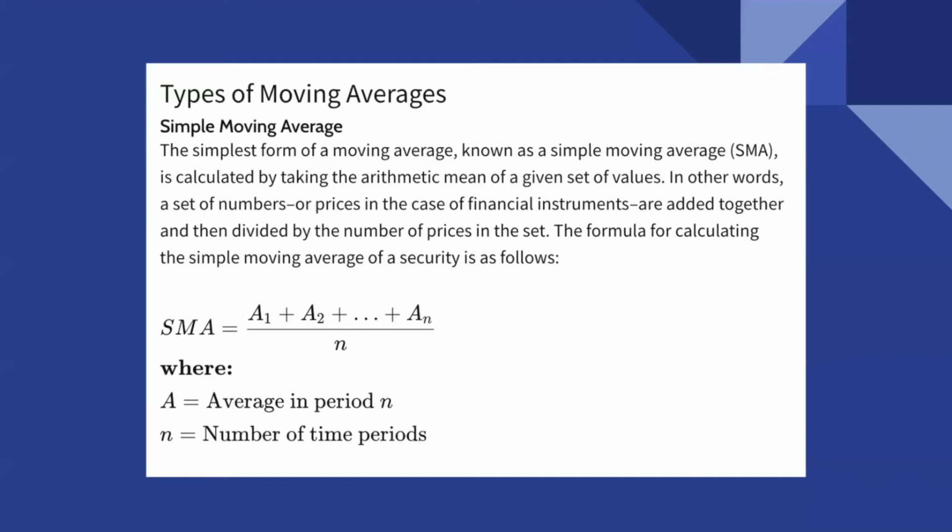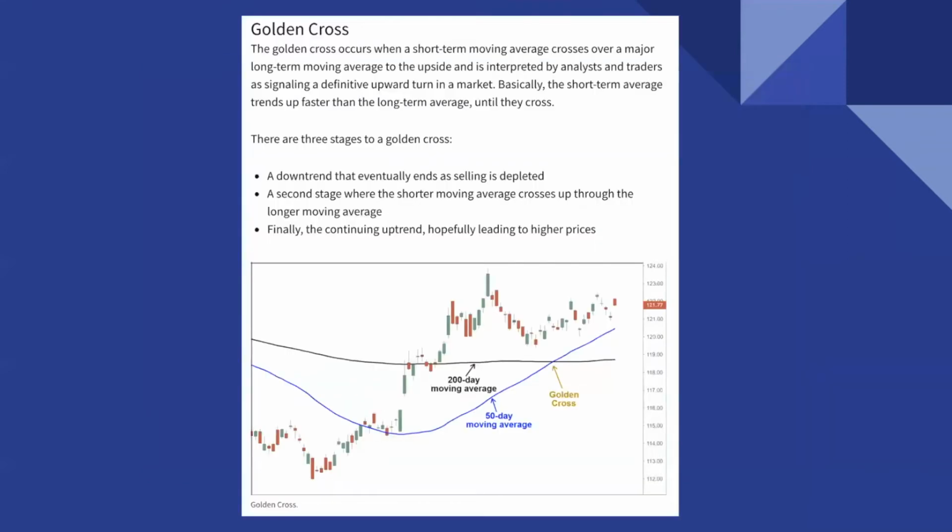That is how to calculate the formula. And then normally we use a golden cross. The meaning of the golden cross is that it will tell us which point we should buy, which point is indicating the price may go up.